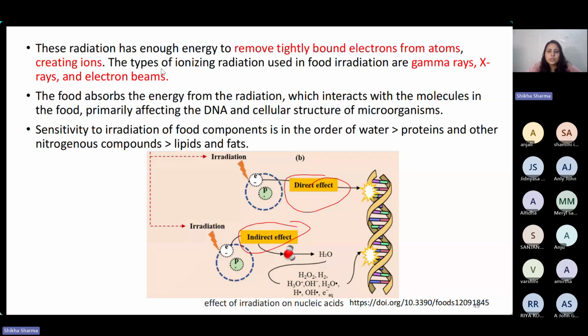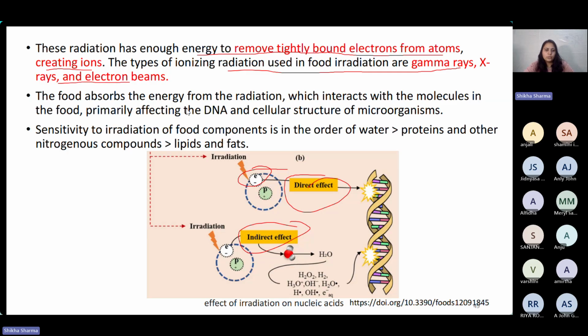These radiations have enough energy to remove tightly bound electrons from atoms. So they will directly remove the electron, creating ions. The types of ionizing radiation used in food irradiation are basically gamma radiation, X-rays and electron beams.